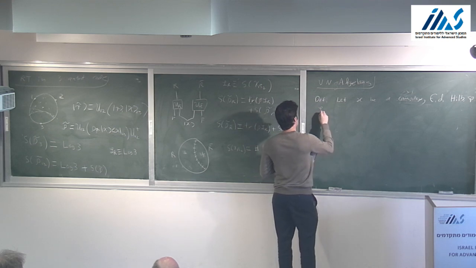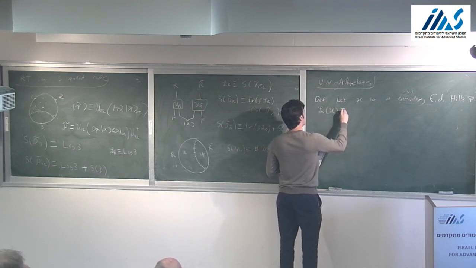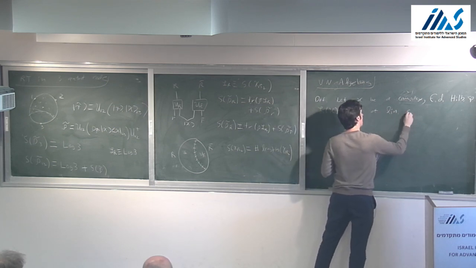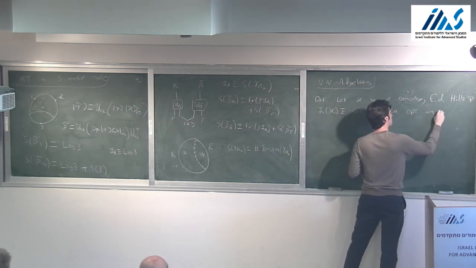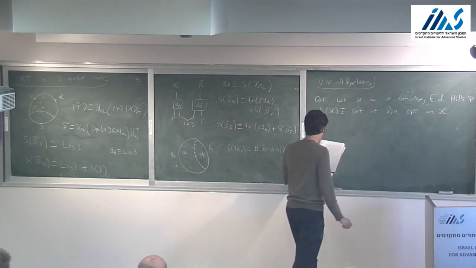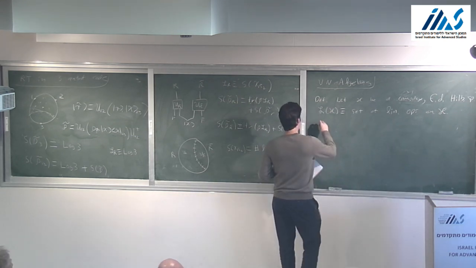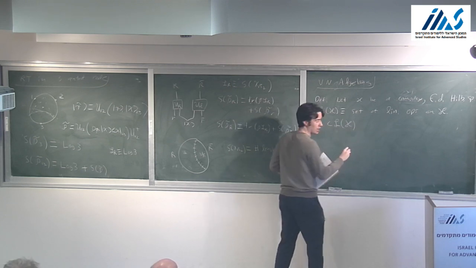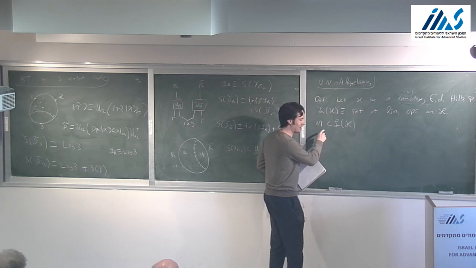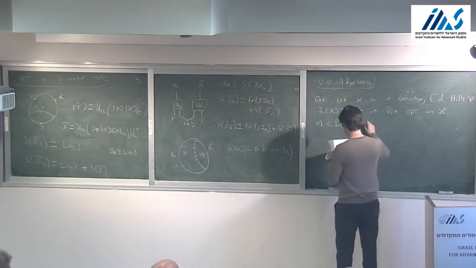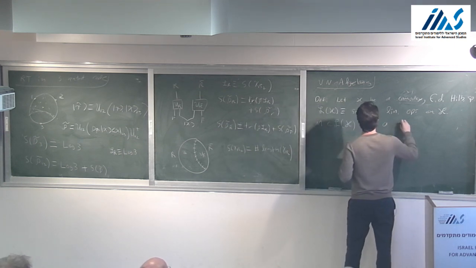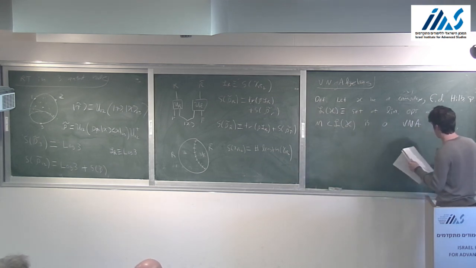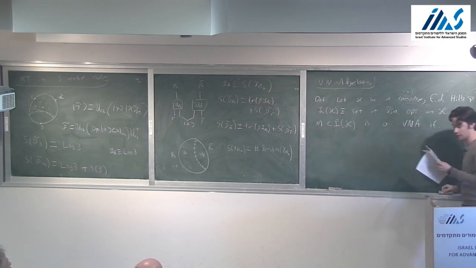I will define L of H to be the set of linear operators on H. So then we say that M, which is a subset of L of H, and might be all of L of H, whoever asked, is a von Neumann algebra. I'll just call it VNA, if several things are true.